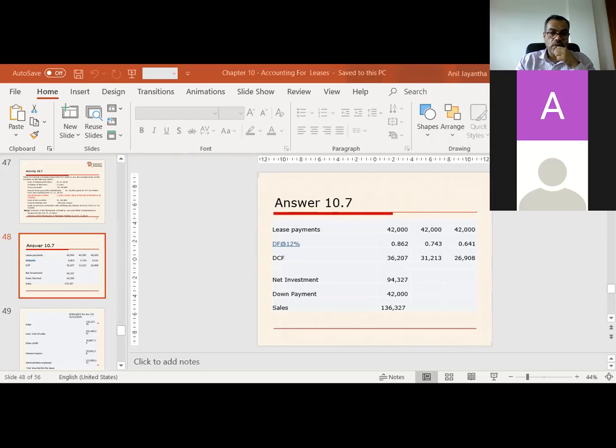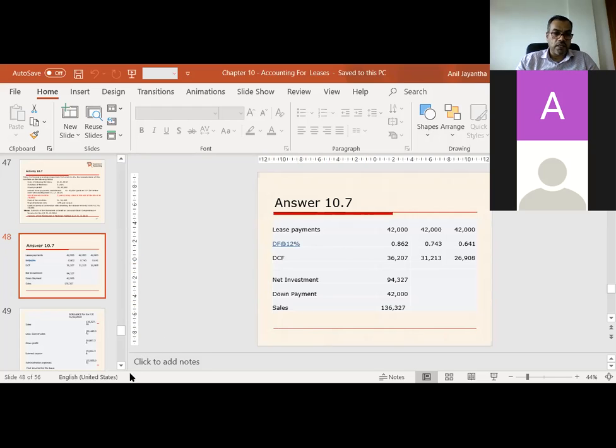37,100. Okay, 16, 36, 862. Yeah, so the calculation is correct, but this information is wrong.